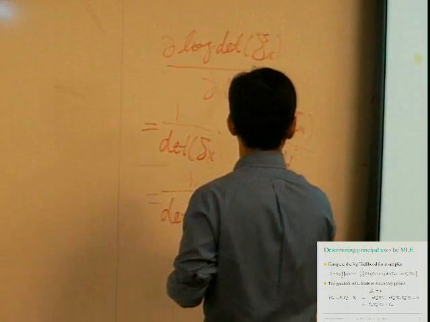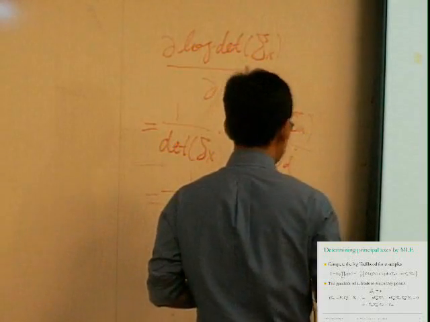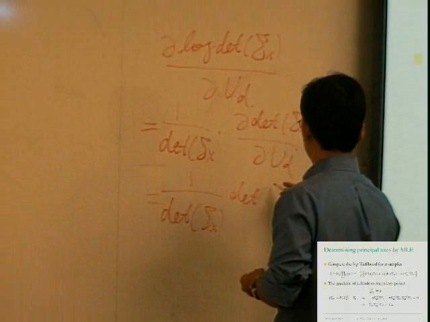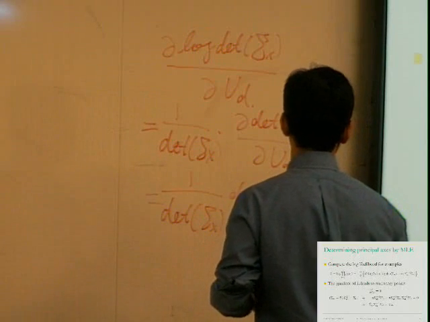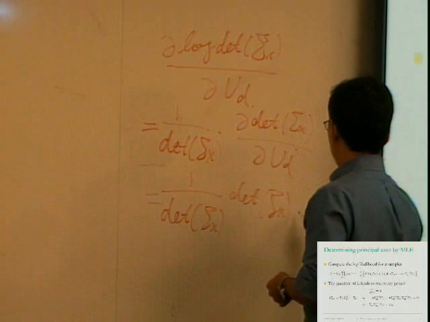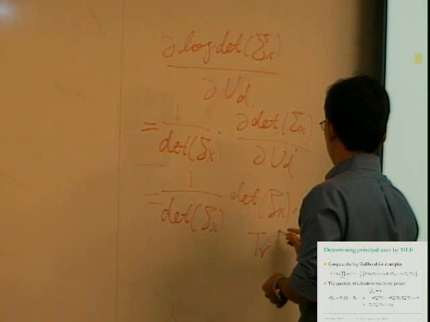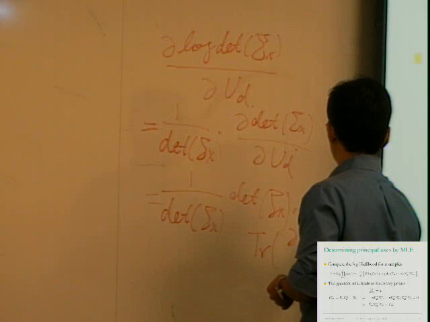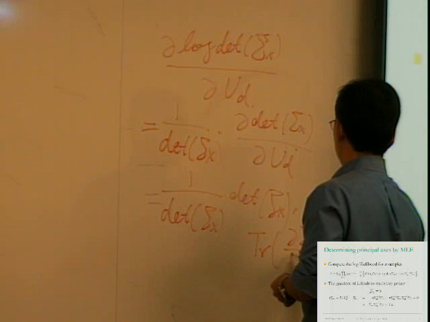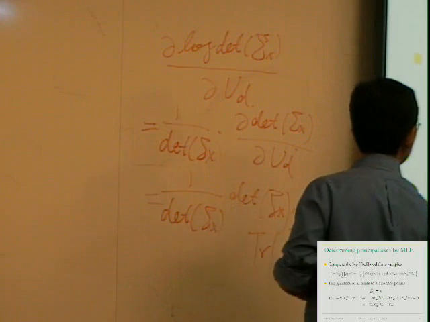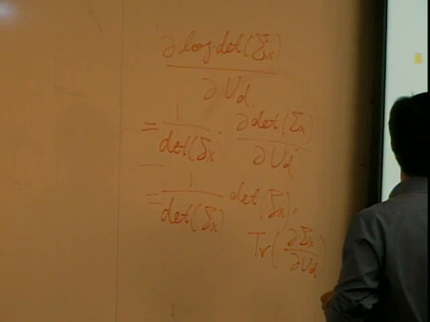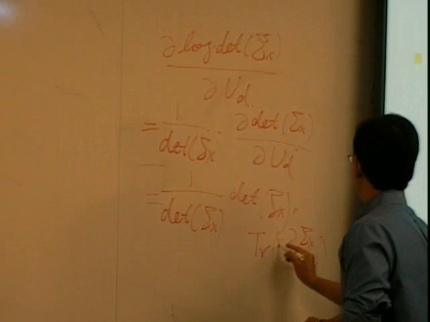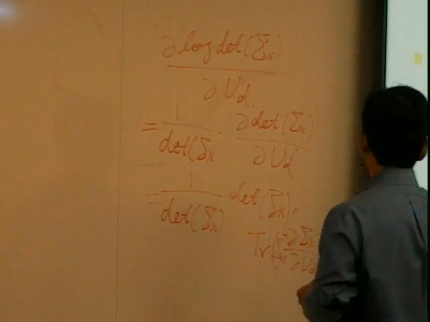If you check your mathematical manual, it's equal to the determinant of the matrix times the trace of, let me see if I remember that correctly. Nope, there has to be a sigma inverse here.